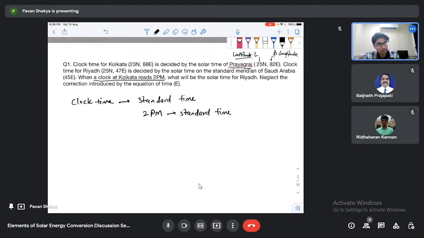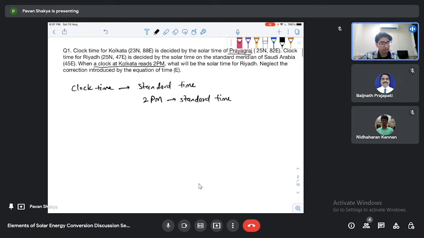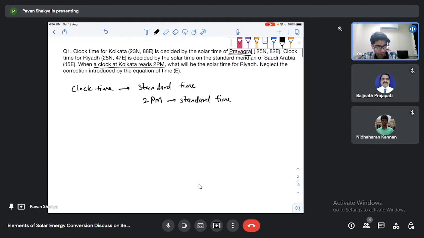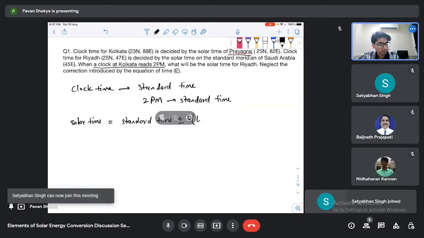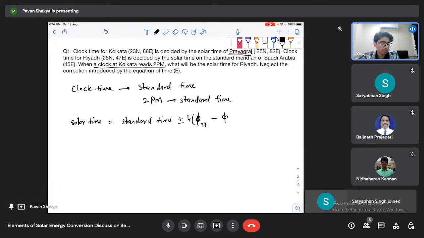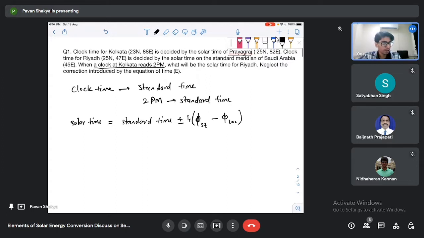So the formula that I used in the last class is: solar time is equal to standard time plus or minus 4 times the longitude of standard minus the longitude of local, where we want to calculate the solar time, plus E. This E is the equation of time.